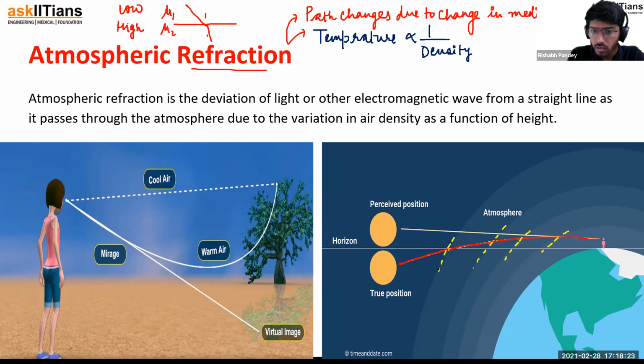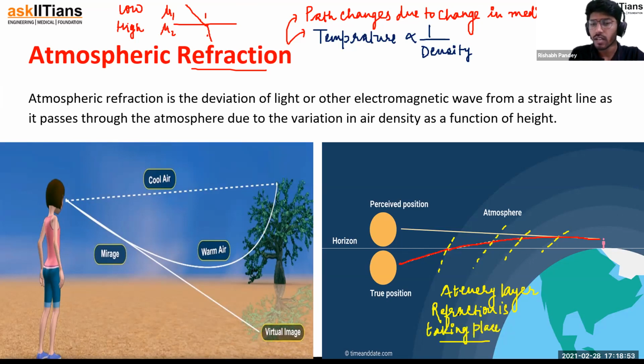See here, a ray of light getting refracted, then refracted again, then again refracted. That means at every layer there's refraction taking place.